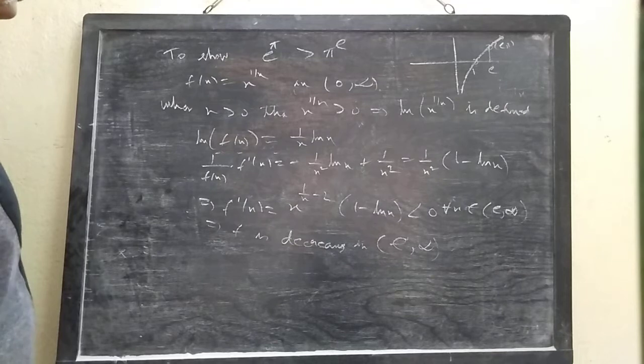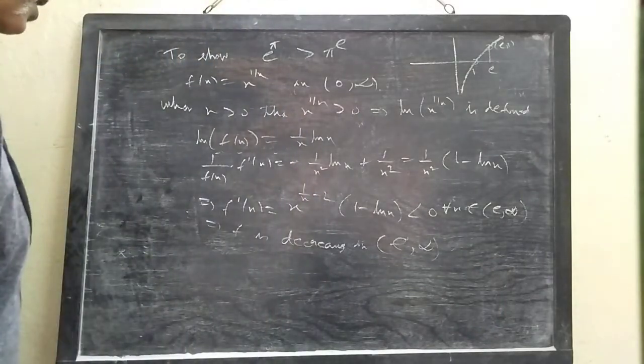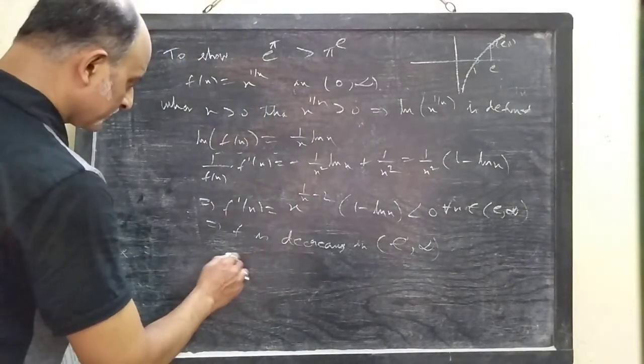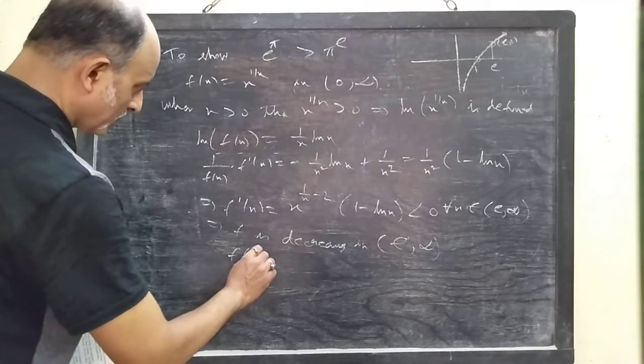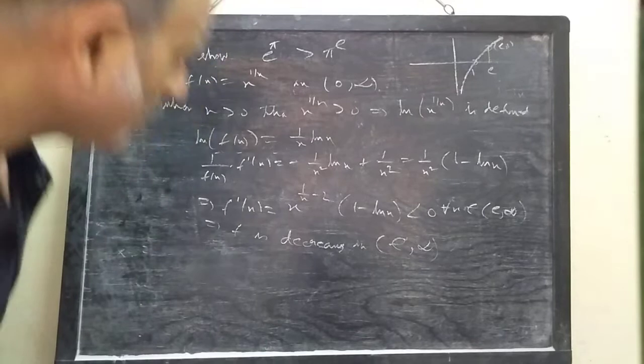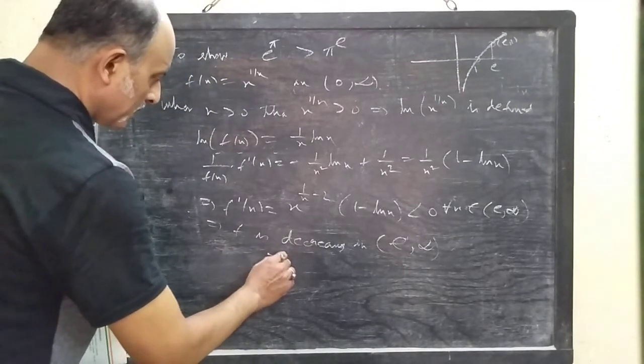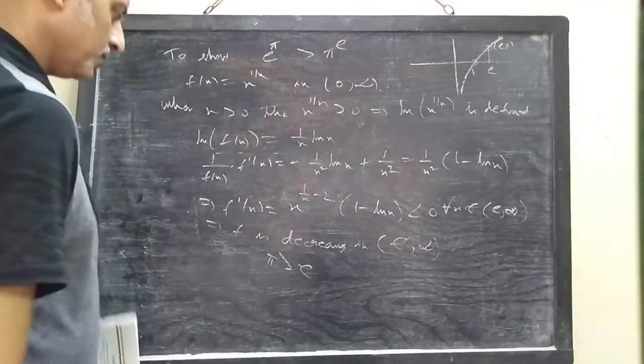Also, look, f(x) is continuous in this interval. Now observe that pi is more than e. Why?